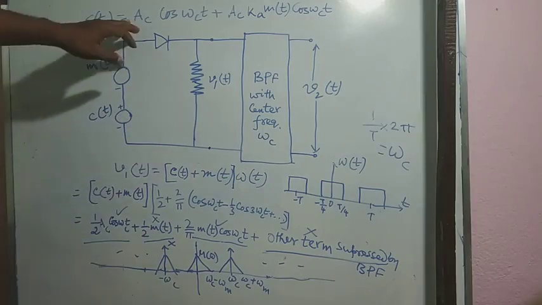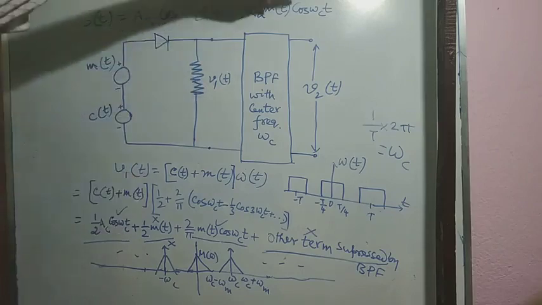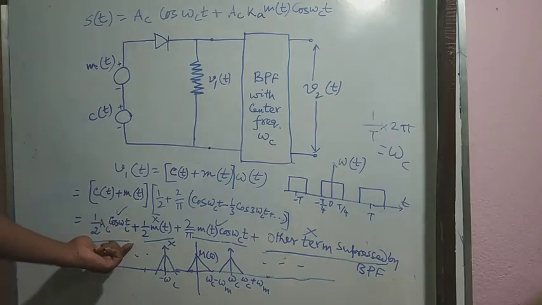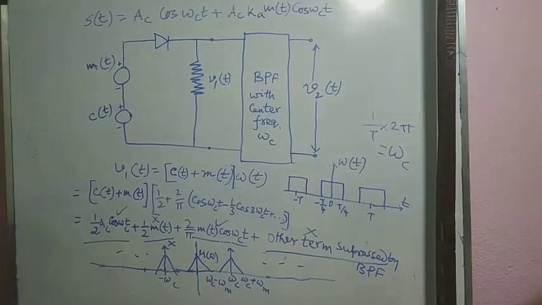What we need is the cos omega c t part, and another is cos omega c t multiplied by M(t). So we have to pass this cos omega c t and M(t) cos omega c t, and the other part should be eliminated.